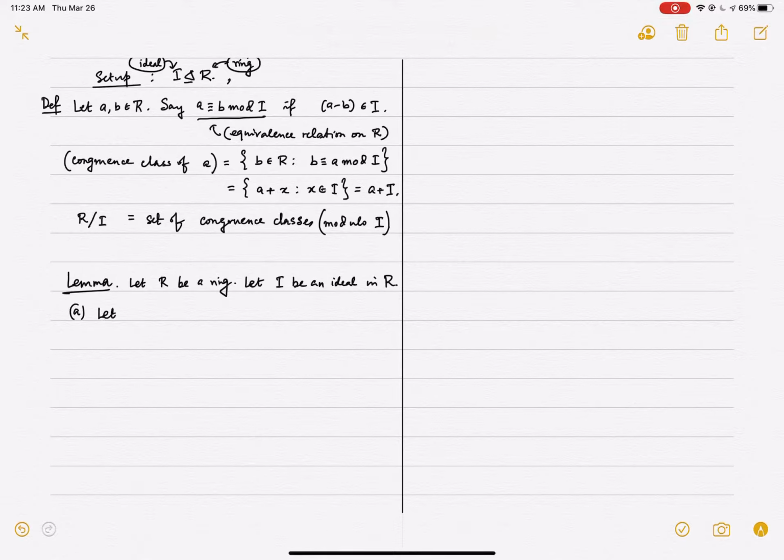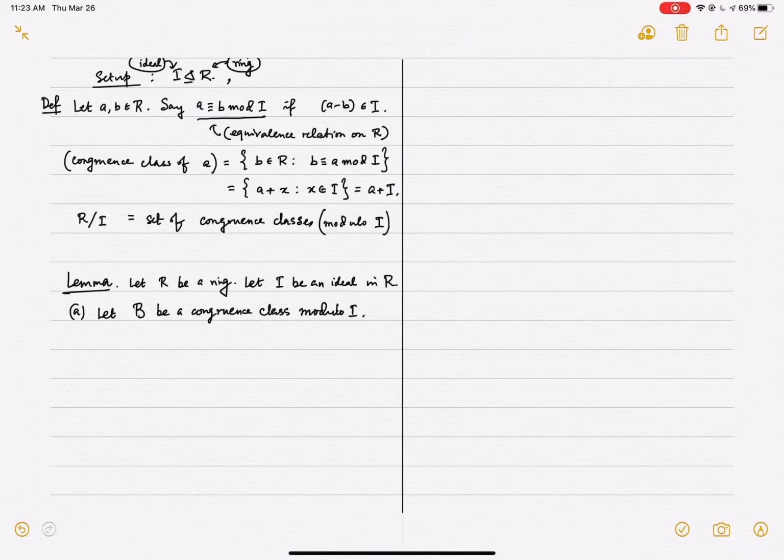Let B, capital B, be a congruence class modulo I, meaning it's a subset of R that looks like one of these sets. It has the form A plus I for some A in the ring.